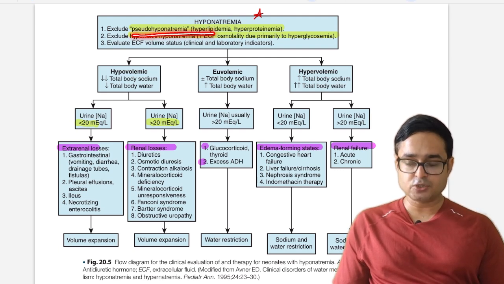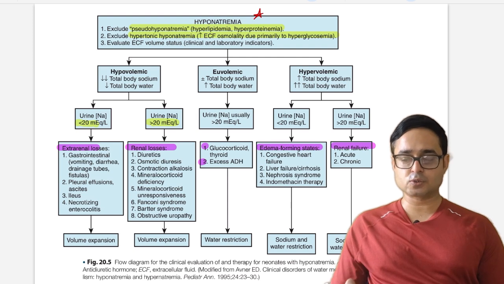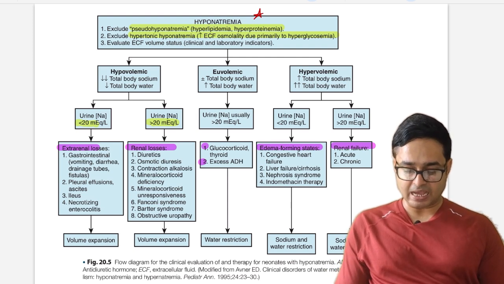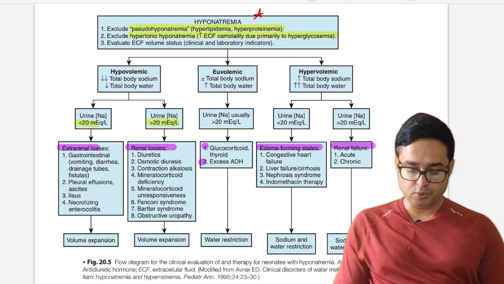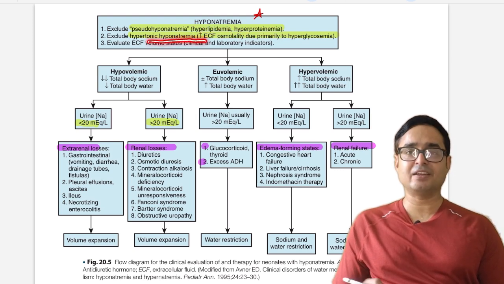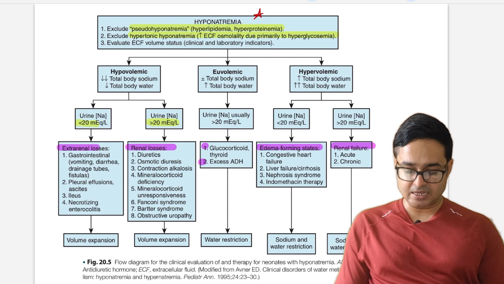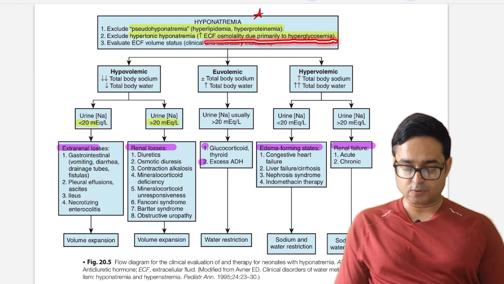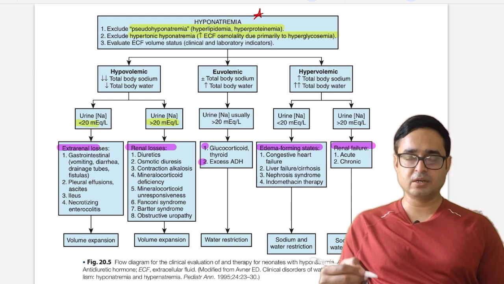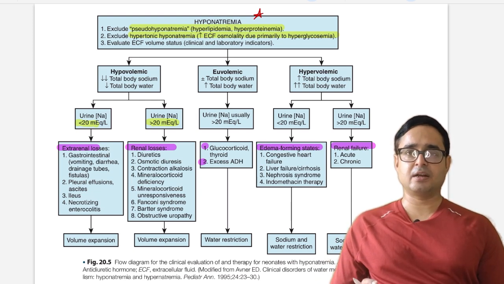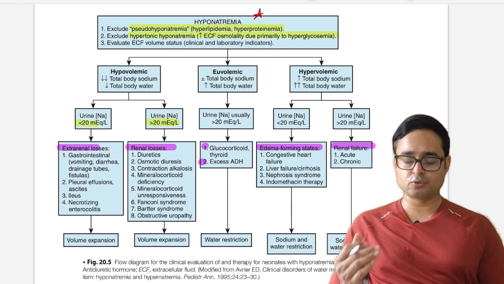In which condition pseudo hyponatremia is seen is also an independent question. This is hyperlipidemia and hyperproteinemia. Okay, exclude hypertonic hyponatremia, in which condition it is seen increased ECF osmolality primarily due to hyperglycemia. So lipids are increasing, proteins are increasing, sugars are increasing. In these conditions, the sodium is falsely low. You have to rule them out.